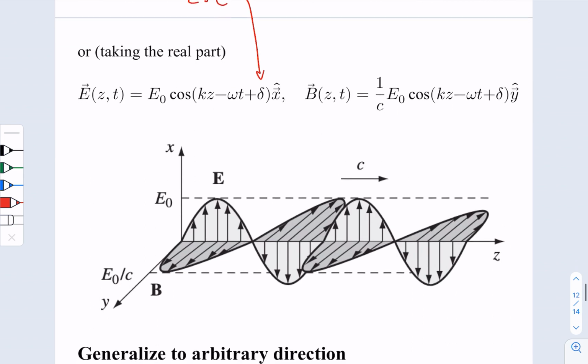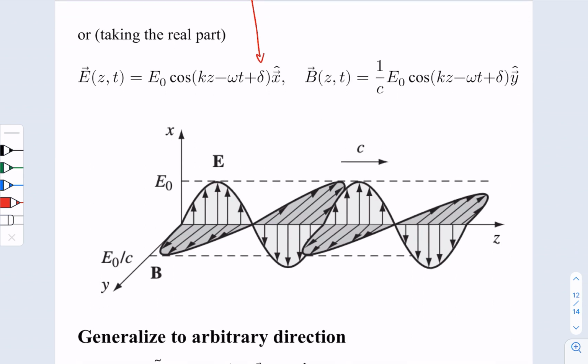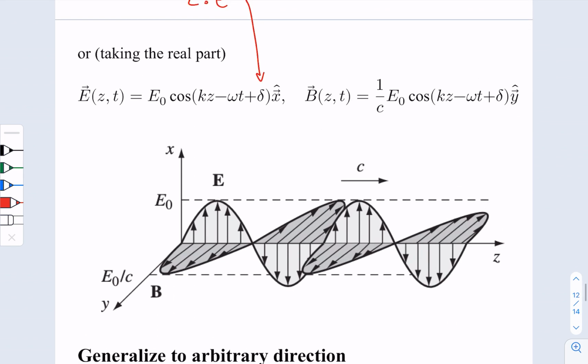If you plot the wave function, this is how it should look like. The E field is always oscillating along the x direction, and the B field is always oscillating along the y direction.